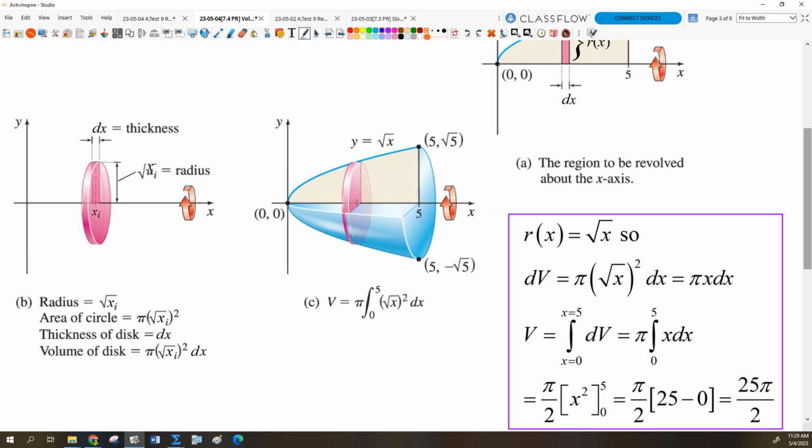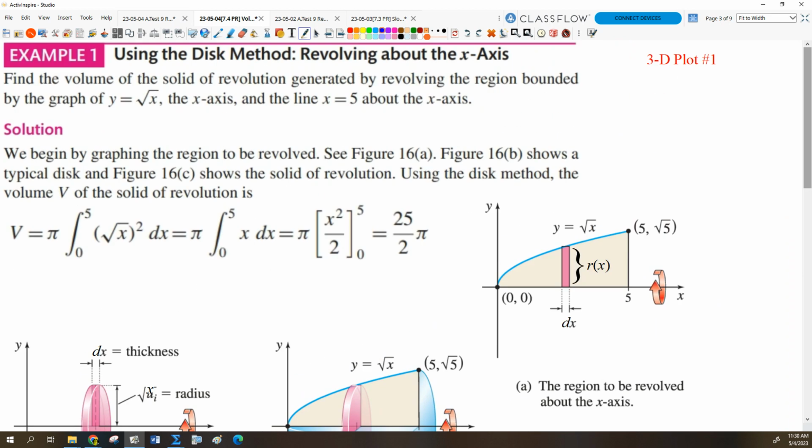If we want to find the total volume, we're just going to integrate those infinitesimally small volume elements, adding them up from x equals 0 to 5, right? Because really all we're doing is making an infinite bunch of slices from 0 to 5, and each one of those slices gets revolved around the x-axis to create a little disk, and we add all those up. So I have a little way that we can visualize this.